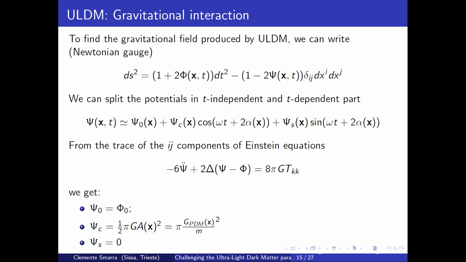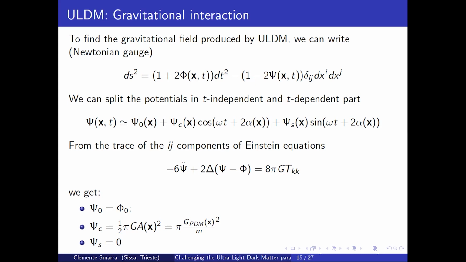What I want you to focus on is the second of these three formulae. The first one is not very important because this is a time-independent shift which will be absorbed in the timing model. So we just want to focus on terms which depend on time. The second part is basically the effect of ultralight dark matter.